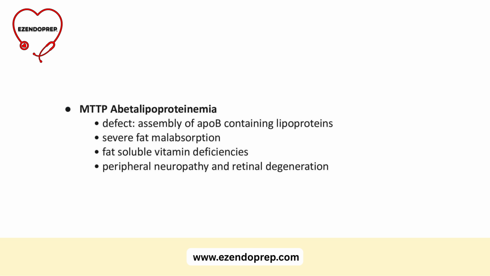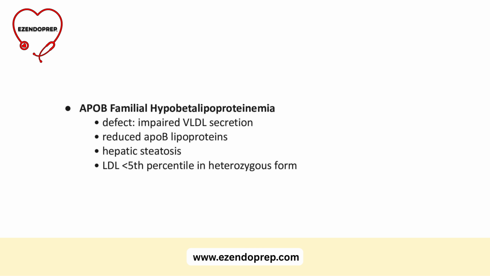So to summarize: MTTP mutation, abetalipoproteinemia, absent ApoB lipoproteins, defective assembly, fat malabsorption, fat-soluble vitamin deficiency, neuropathy. APOB mutation, familial hypobetalipoproteinemia, truncated ApoB, impaired VLDL secretion, hepatic steatosis.